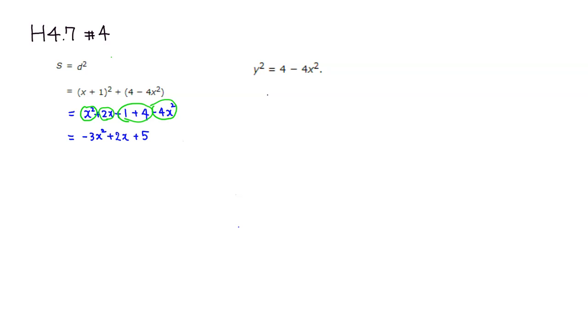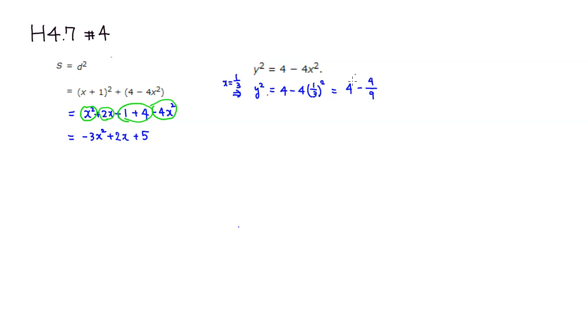Since x is 1/3, we just have to plug in. So y squared is equal to 4 minus 4 times (1/3) squared. Then this is going to be equal to 4 minus 4 over 9.